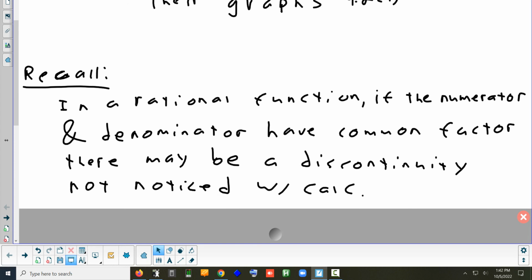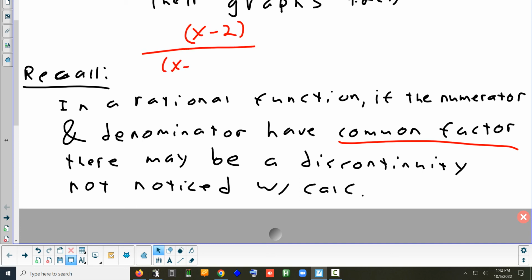So this is something that I mentioned yesterday. You don't have to write it again. But the idea is you always get a vertical asymptote where the denominator is 0, as long as there are no common factors. So if you had something like this, what values are you not allowed to use for x there?